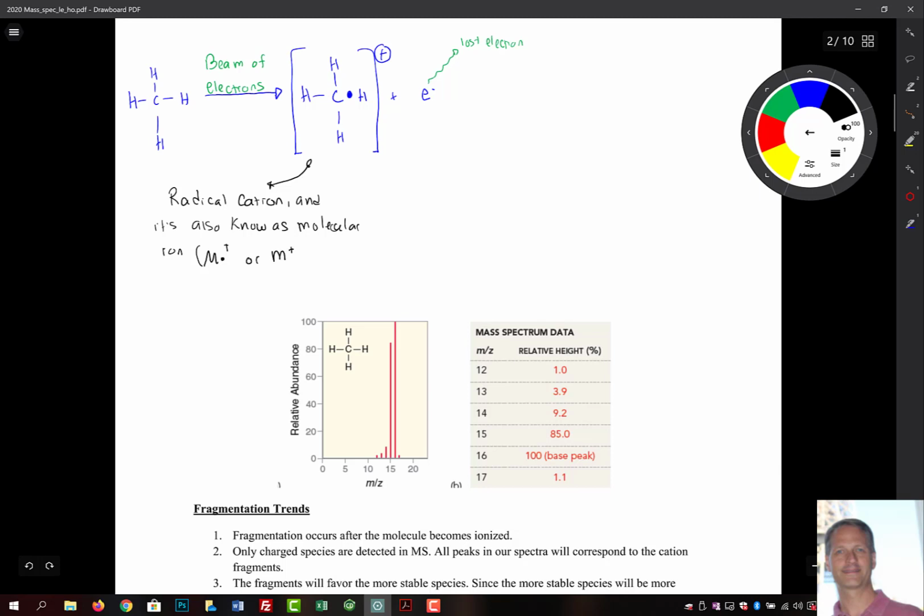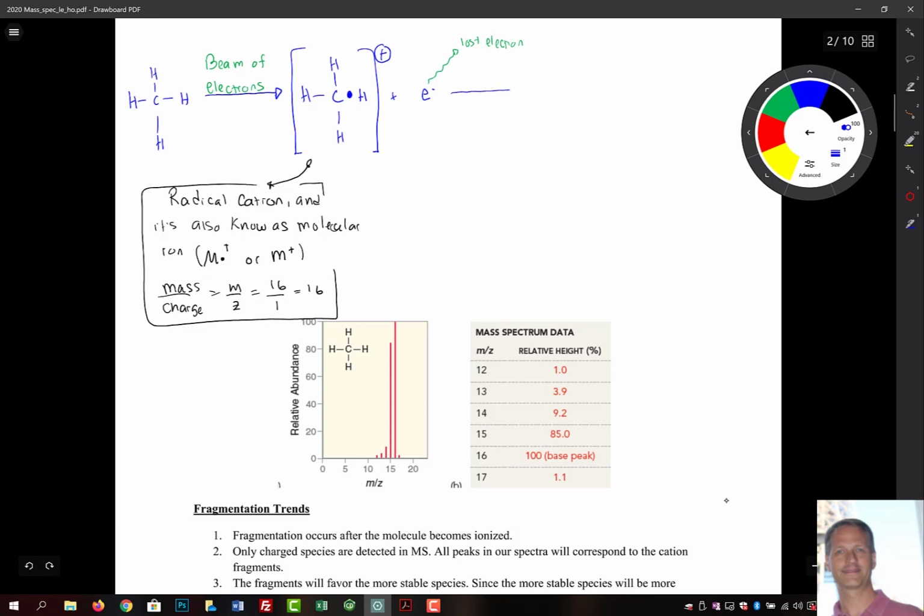So when we're looking at that, the mass to charge ratio is your M divided by Z, and that's essentially what's going to be plotted here. For this, your M divided by Z is 16 divided by 1, or 16.